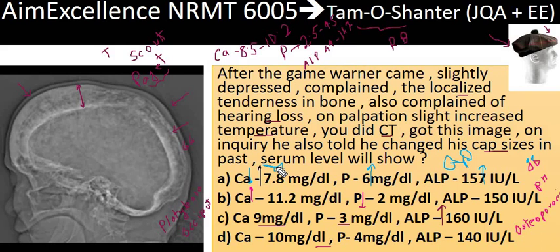Hope you like this particular presentation. We are going to take it forward in the AVD and the F2F with other findings of Paget disease, like the candle flame sign, squaring of the vertebra, picture frame vertebra, mosaic appearance, and banana appearance.